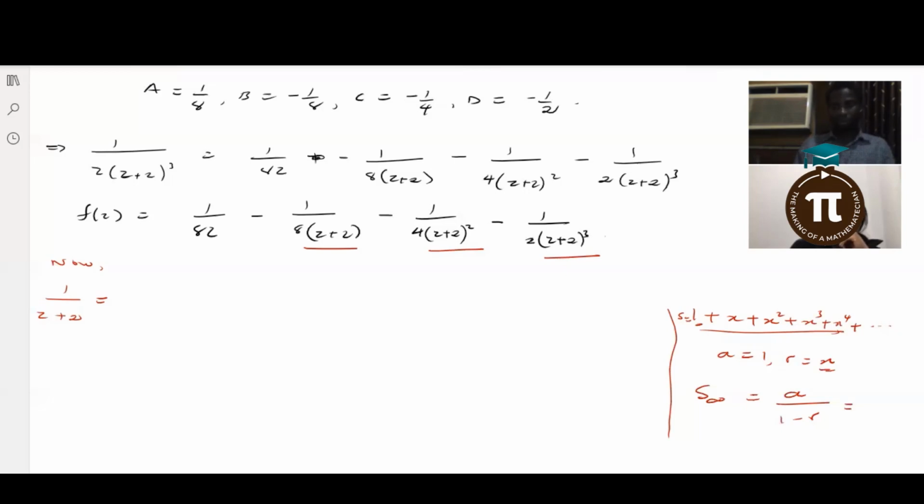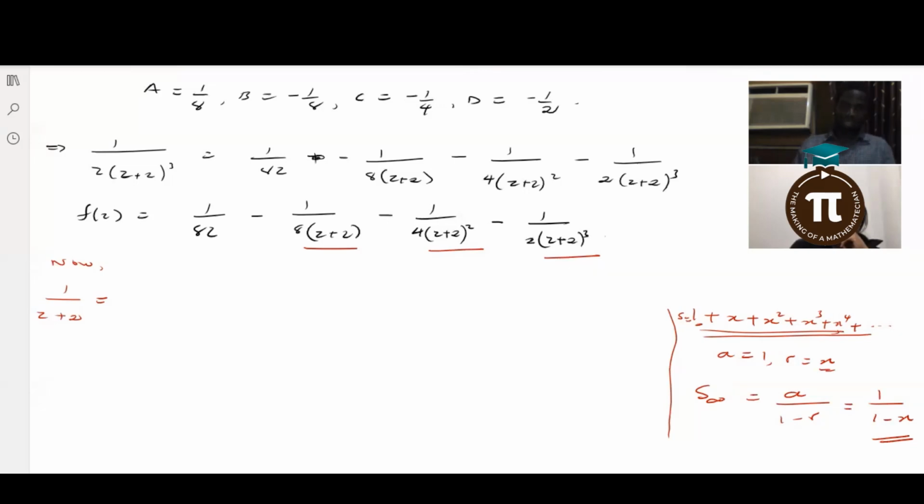But then let's solve this. I have 1 over 1 minus x. So the summation of this series, 1 plus x plus x squared plus x cubed plus x to the 4, like that, the answer is 1 all over 1 minus x. So that is the concept I'm going to use here.